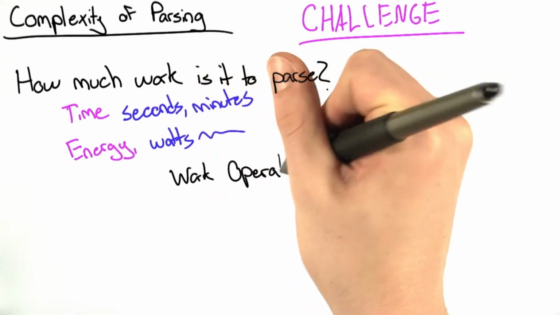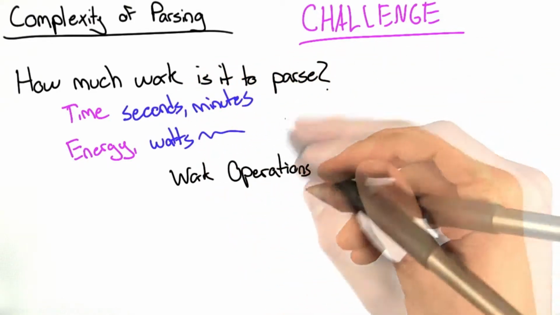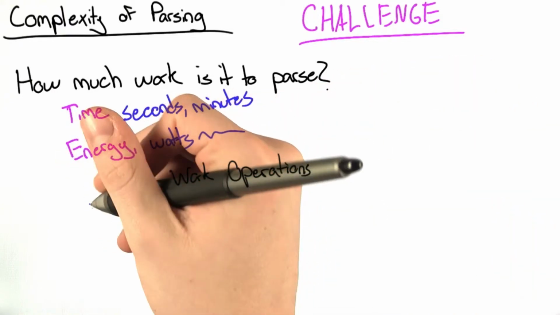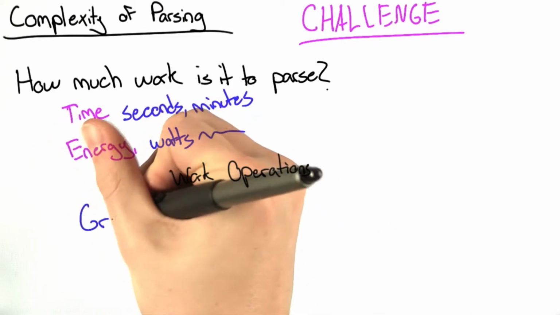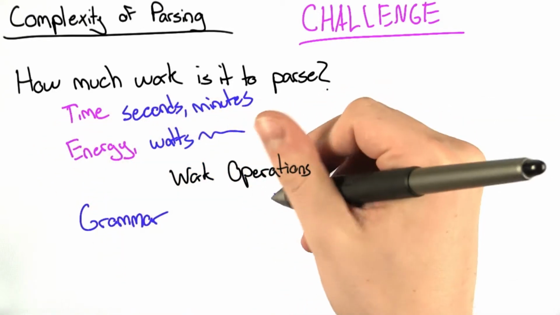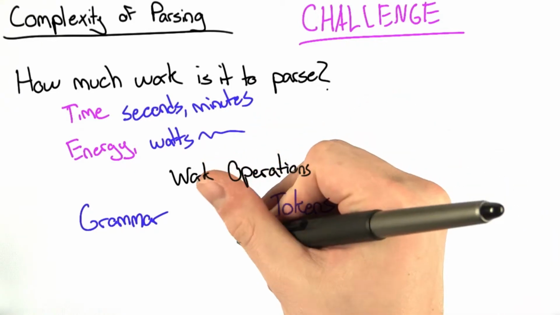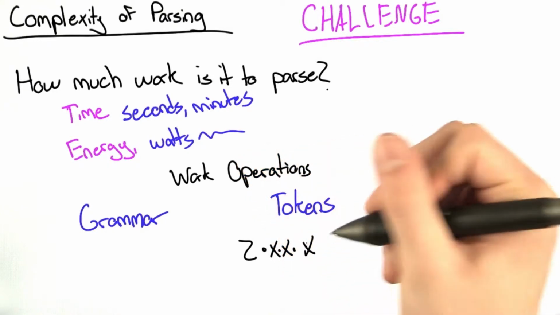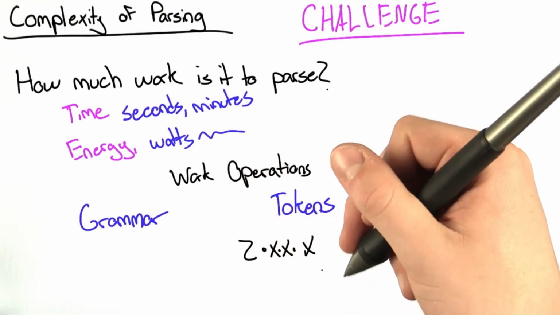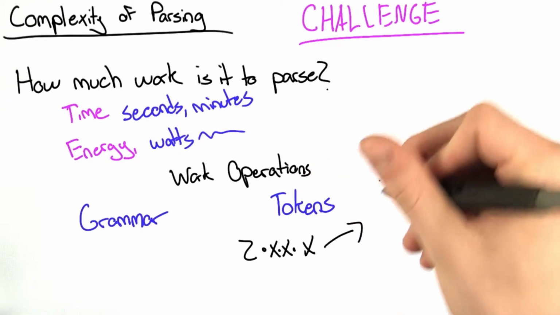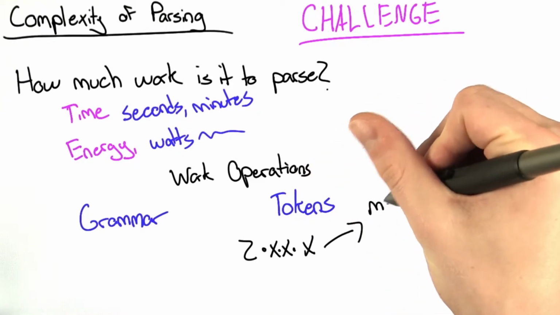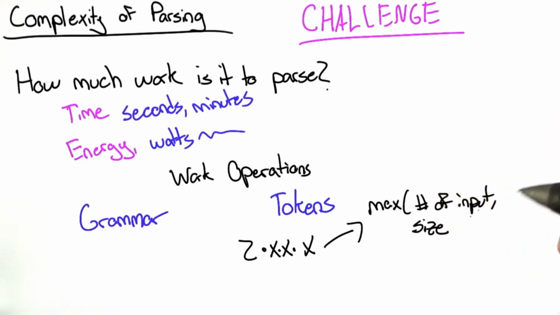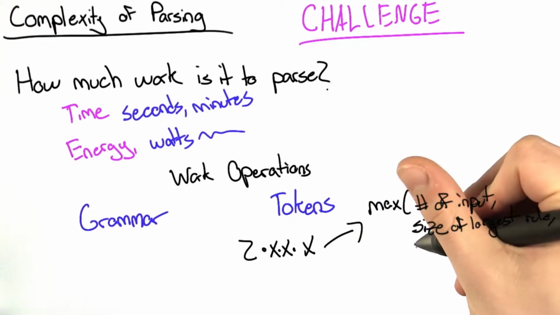We're going to count the number of work operations it takes to parse a given list of tokens, a given string, in our grammar. For this problem, you are asked to give two things: a grammar and a list of tokens that takes at least 2x work operations to parse, where x is going to be defined as the maximum of the number of input tokens, the size of the largest grammar rule, or the number of rules.